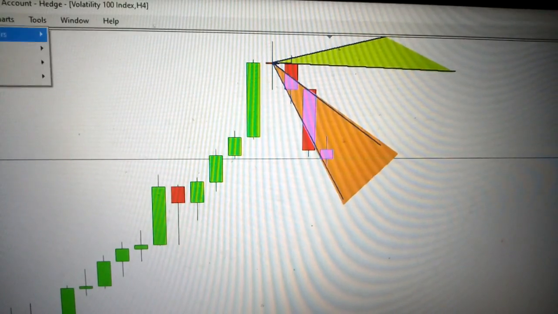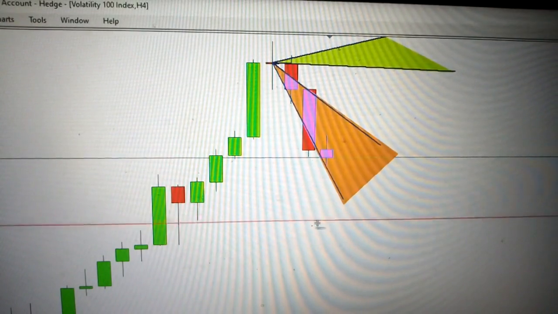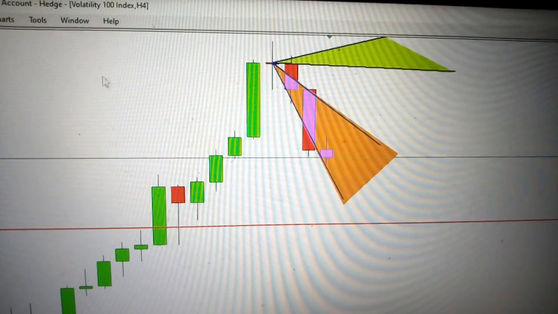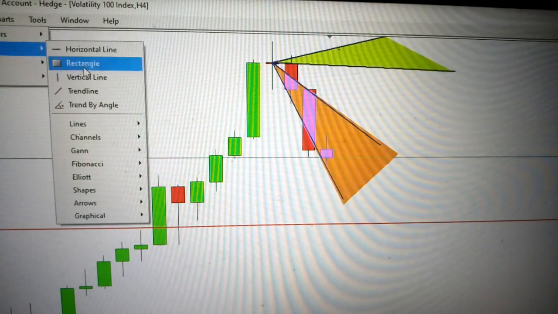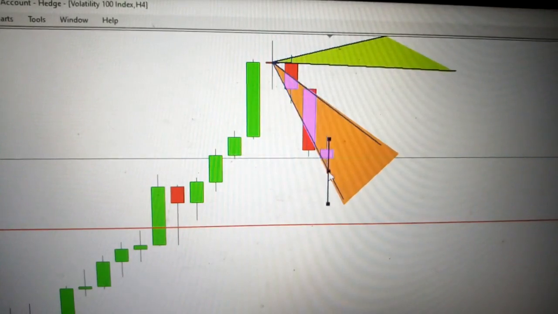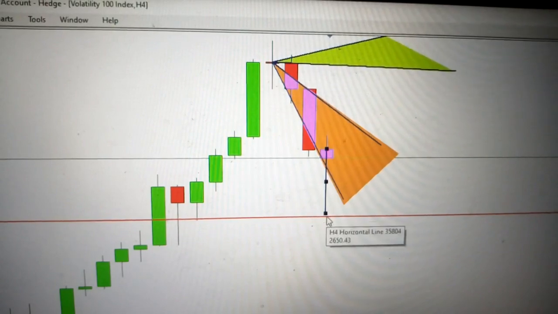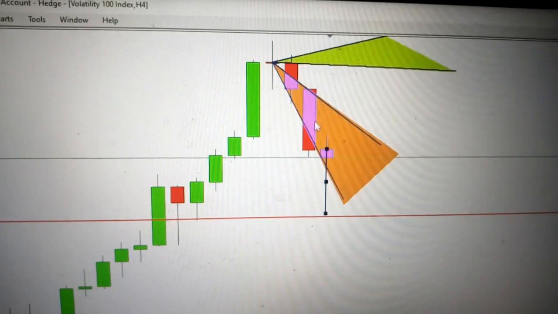So with what we have now, our expectation is that price will drop to somewhere around here. If we are to measure using a trend line the height of this candle, that will give us the depth at which we will go. So we expect that this current candle will drop to this point in line with the height of the number of pips that we have for this last candle.